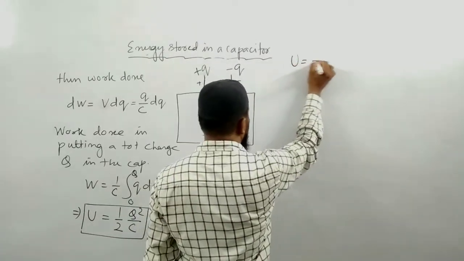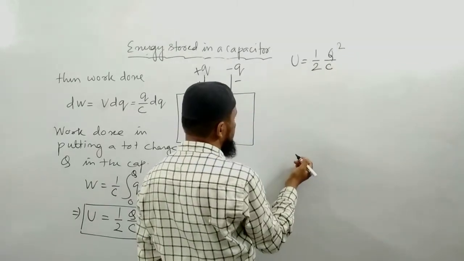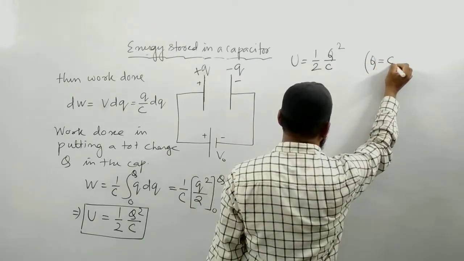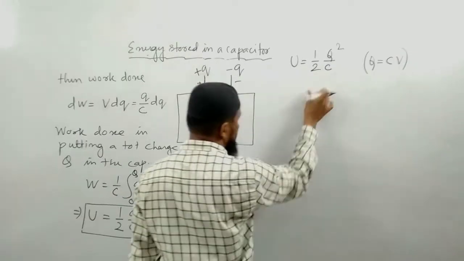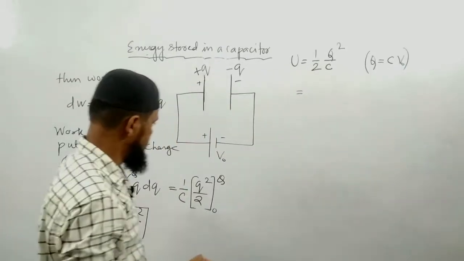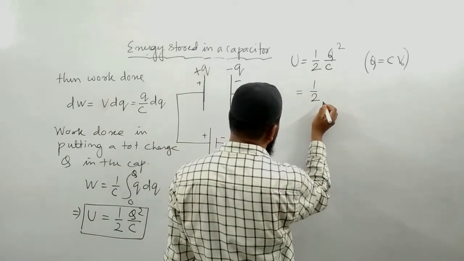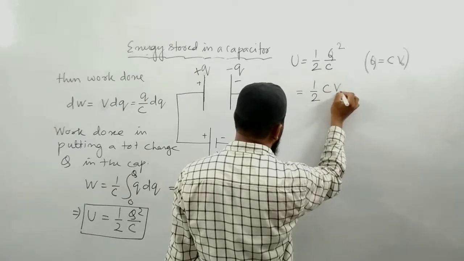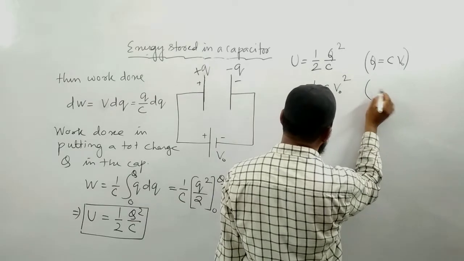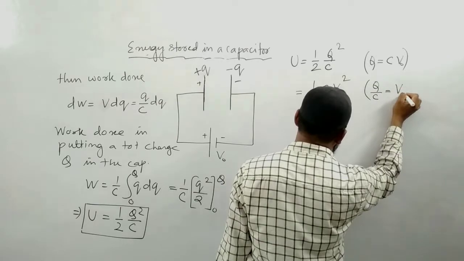So you have got U is equal to half Q squared by C, but we understand Q can be written as CV naught also. So this expression can be written as half C V naught square, or Q by C can be replaced as V naught.